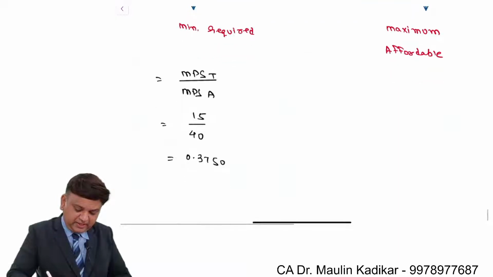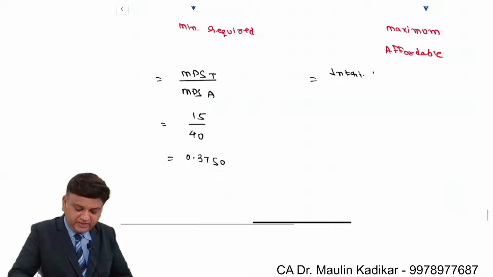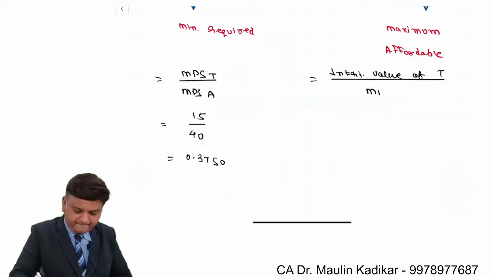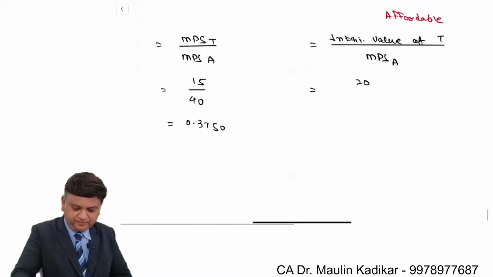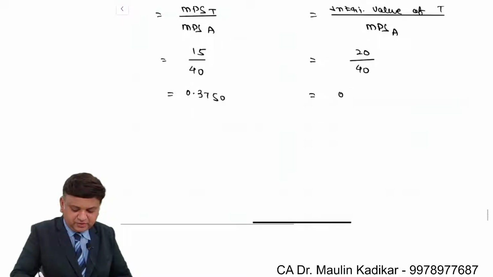Maximum affordable to A: intrinsic value of T divided by MPS of A. Intrinsic value of T is 20. MPS of A is 40. That is 0.50.